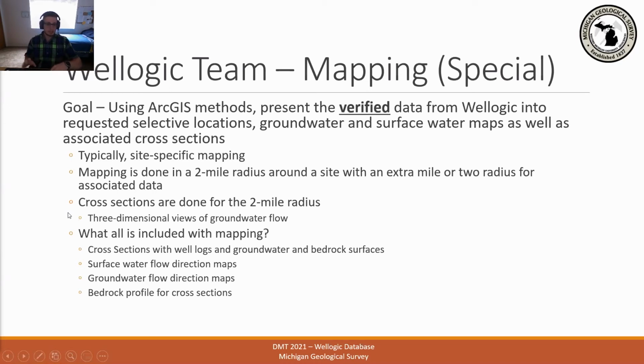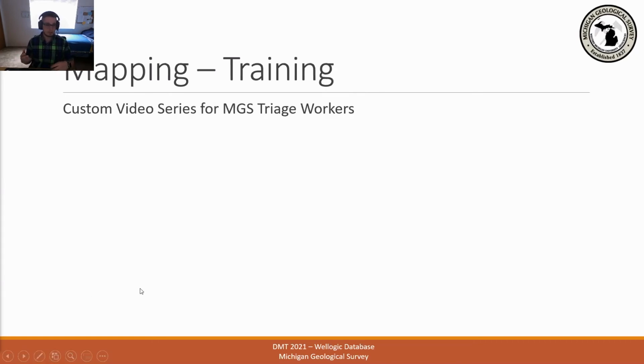It's typically a site-specific mapping effort, and what it includes is the actual cross-sections with the verified well logs, along with the groundwater and bedrock surfaces, and associated bedrock profiles, and then looking at surface water and groundwater flow directional maps. If you want to go to the next slide.